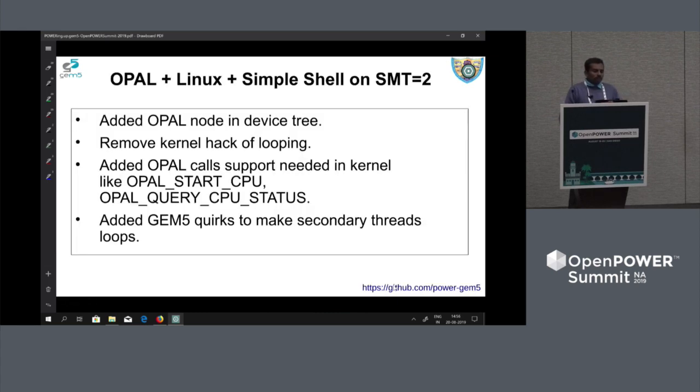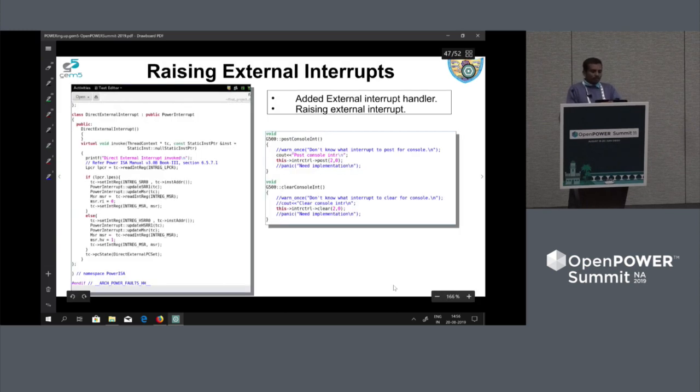At this point, all of this was running correctly, and an unmodified OPAL runs correctly with the Linux kernel on gem5 on an SMT equals 2 PowerPC processor now.